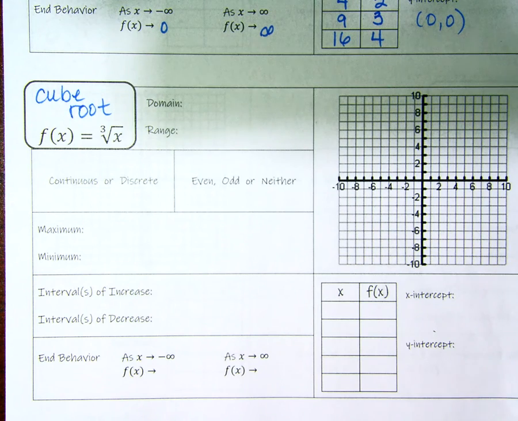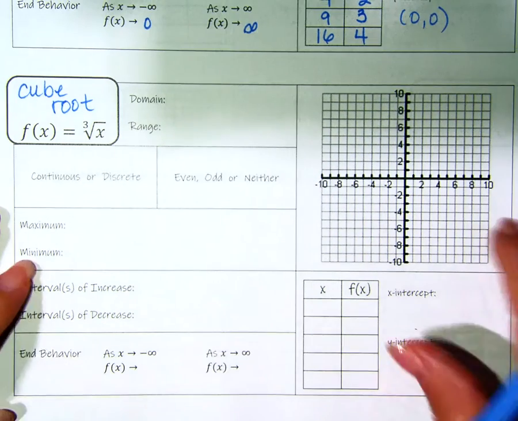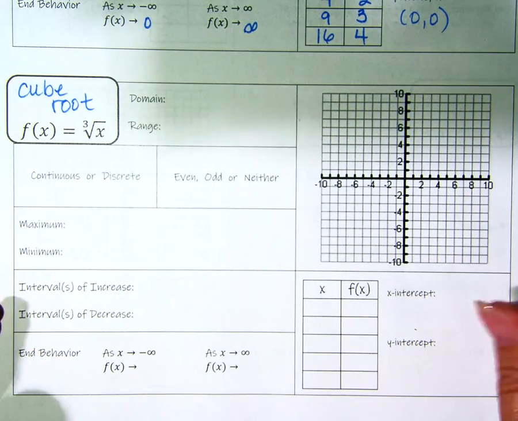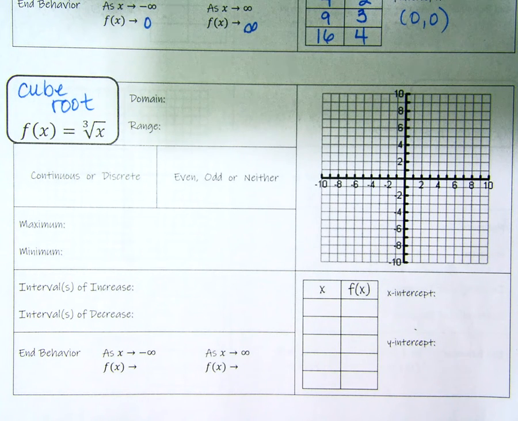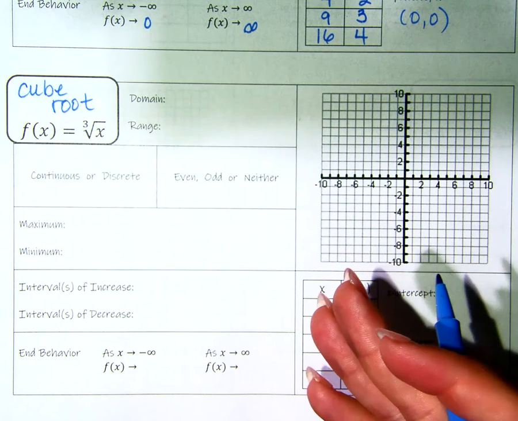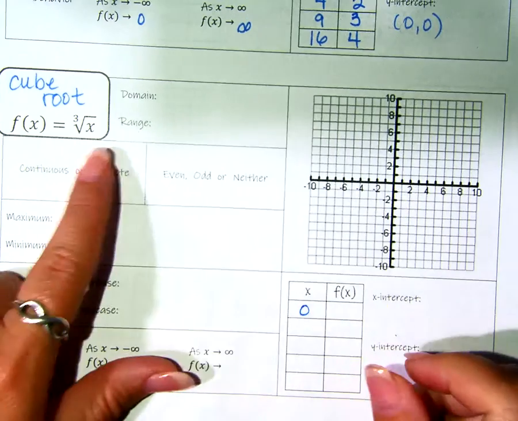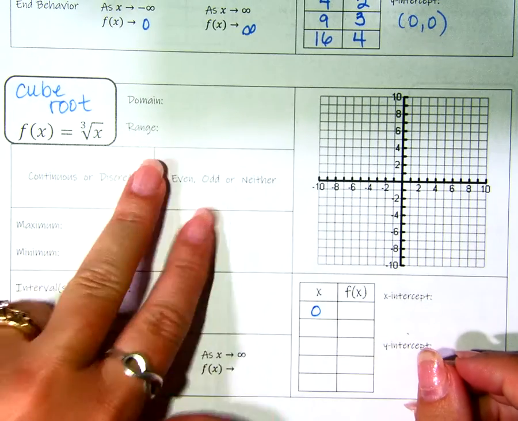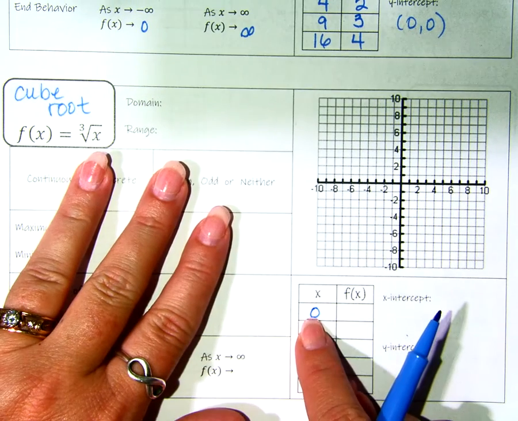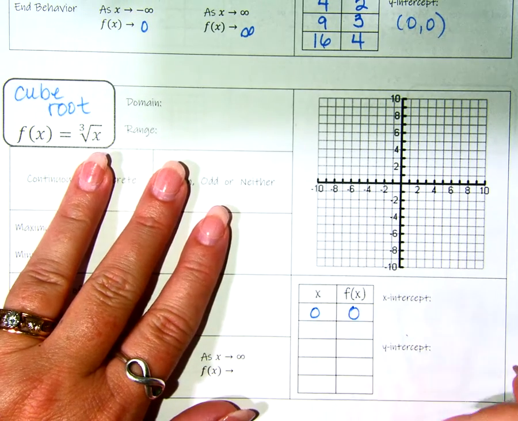So let's look at it first of all. Let's go to the table, fill out the table. What kind of numbers do we need to choose here? So 0, I heard somebody say 0. Is that a good one to choose? Okay. So what we have to figure out is what times what equals 0. Okay, so that's a good one.